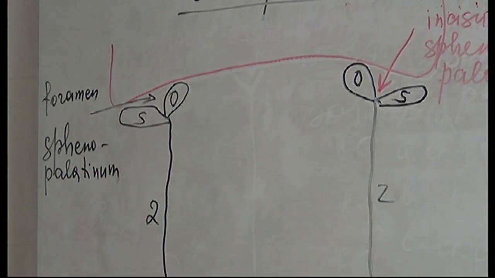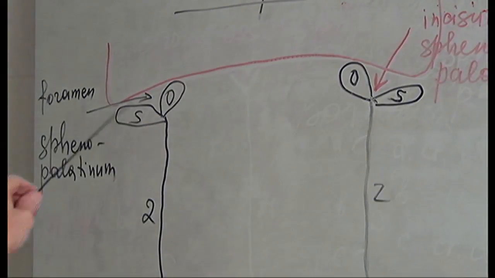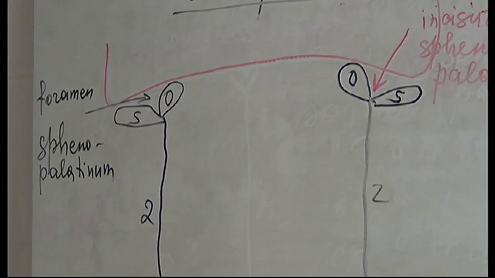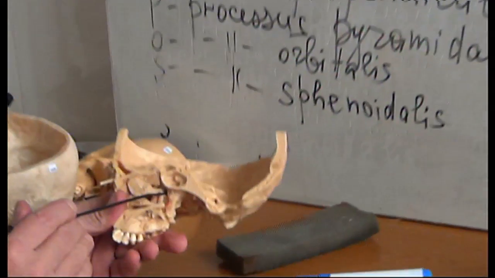So, in a separate palatine bone, we can find incisura sphenopalatina, but in the skull, we can find only foramen sphenopalatinum. Why shall we know this?